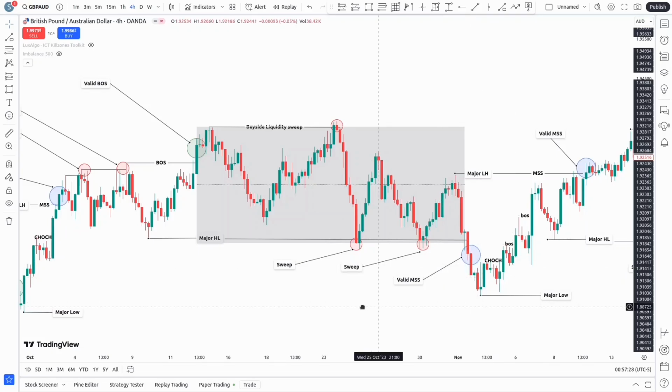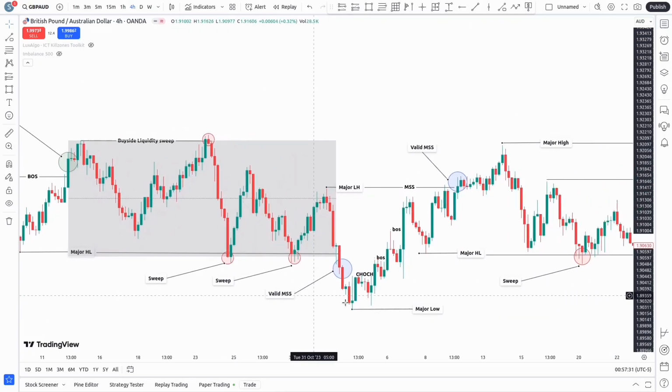When price reaches this low, it starts making some retracement, some pullback. We have a change of character here, a break of structure here. This is an internal structure, it's not structure, till it gets to this lower high, where we have a valid market structure shift.